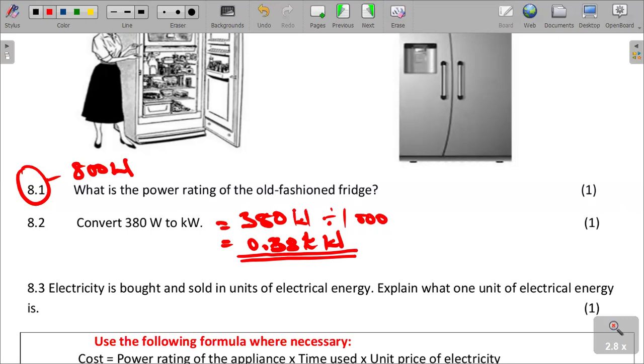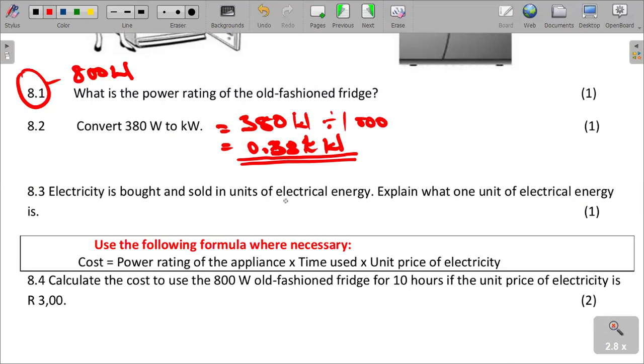0.38 kilowatts. And then electricity is bought and sold in units of electrical energy. Explain what 1 unit of electrical energy is.